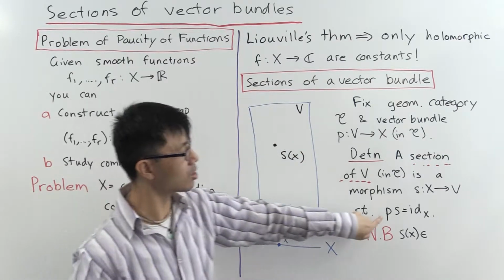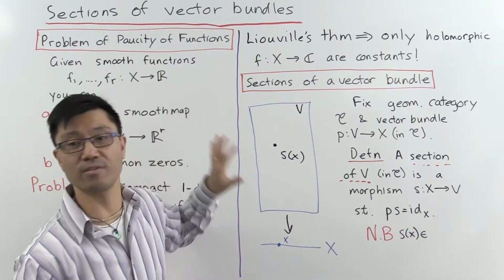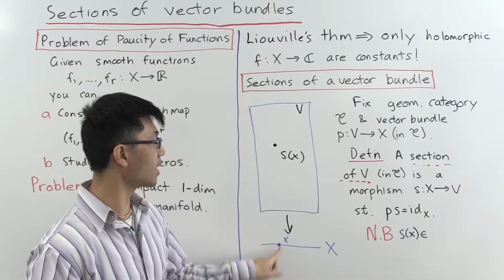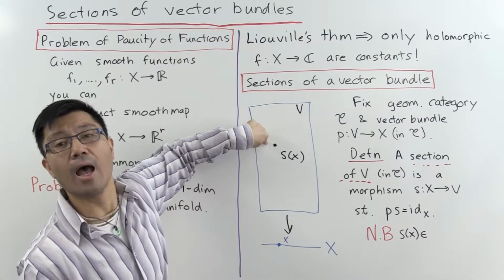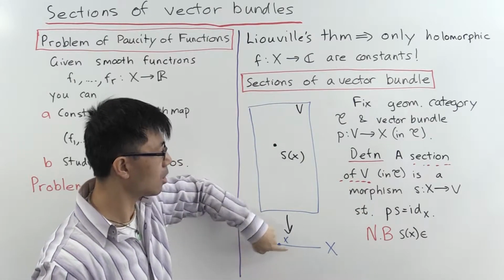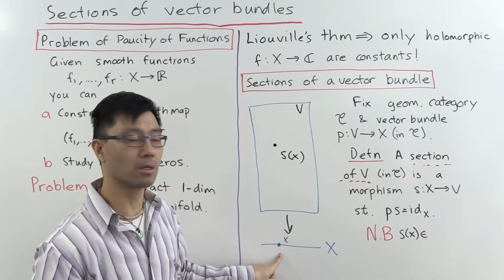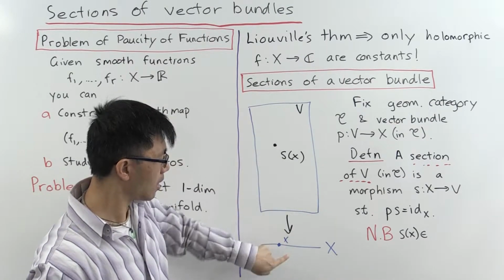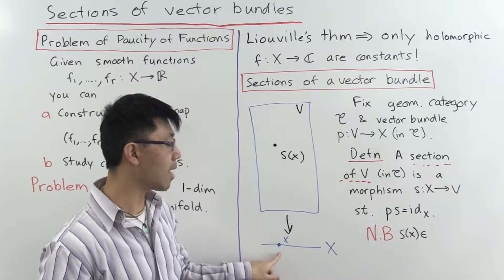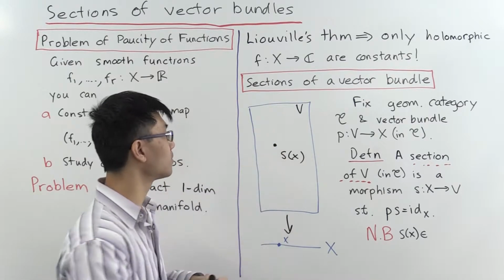Okay, so what does this condition mean here? Let's try to unravel this condition in terms of this picture. You apply S first, so you go from x to this S of x, and then you apply P to it, so you project back down, and you have to get the identity, so you have to get back to x. Projecting down from here lands you back inside X. That means that it must have been in the fiber above x.